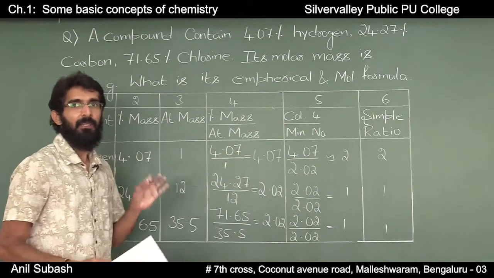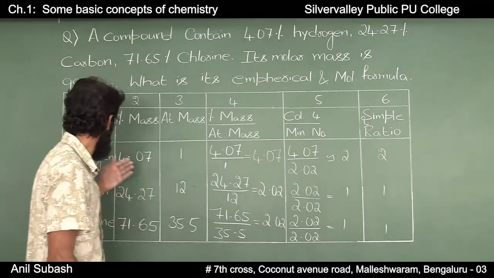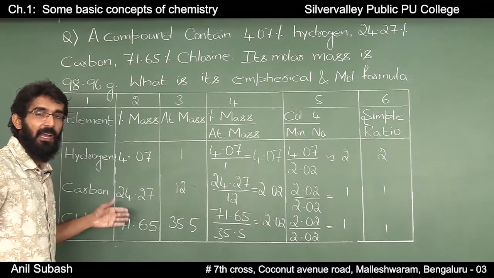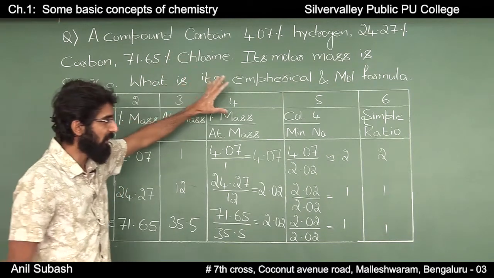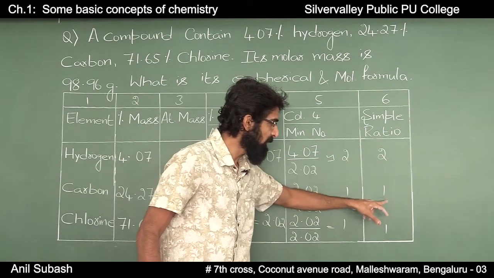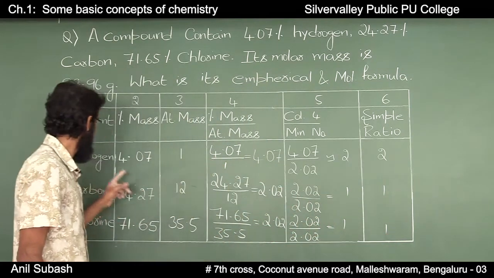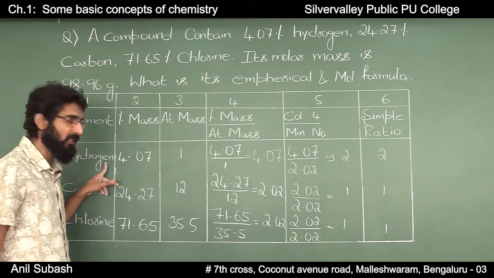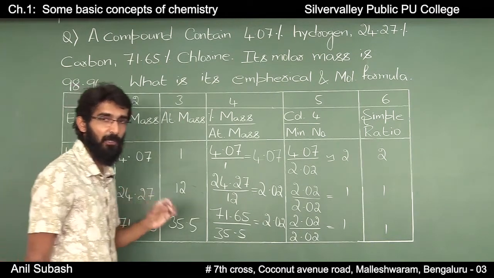That is, the simple ratio in which carbon, hydrogen and chlorine are present in this given compound is 2:1:1. That is, the compound contains 2 atoms of hydrogen, 1 atom of carbon and 1 atom of chlorine.